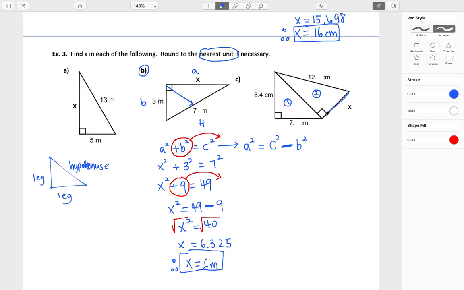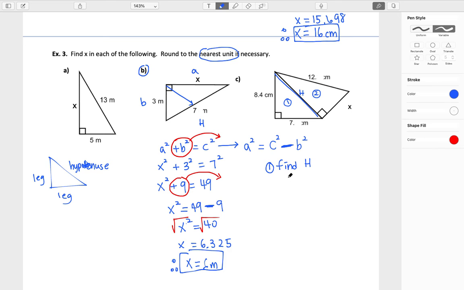To find x, we need to know this length, which we know, and we need to know this length, but we don't know what this length is. So what we need to do is triangle 1 first. Step number 1 is that you need to find the hypotenuse of triangle 1.